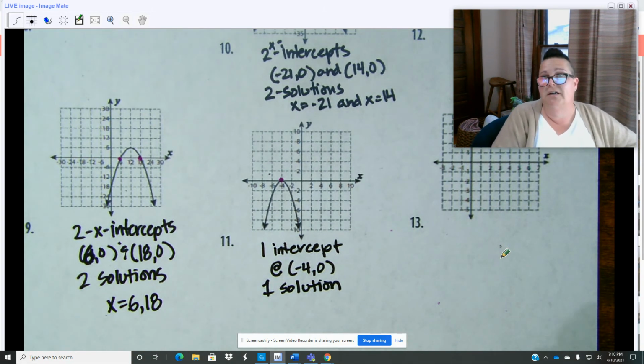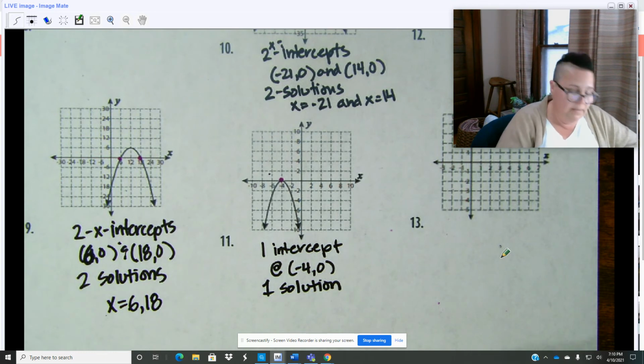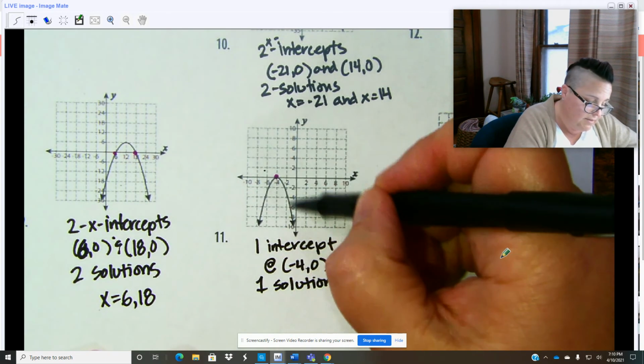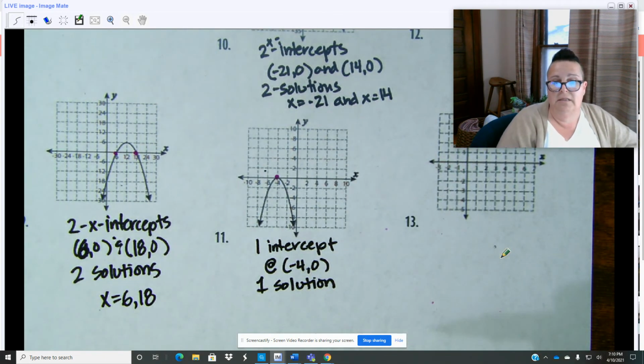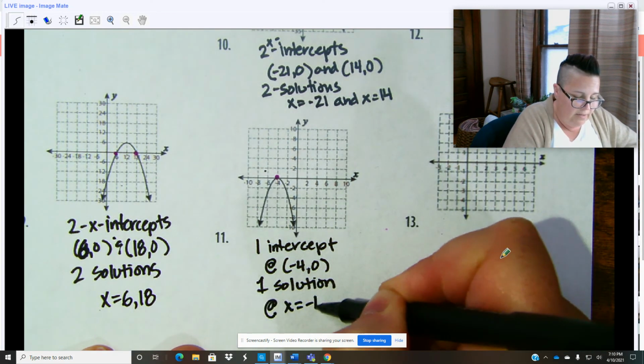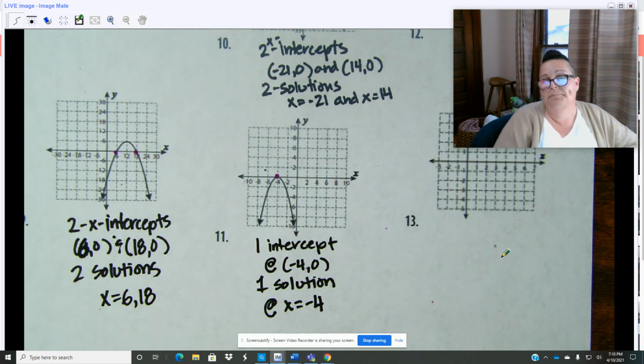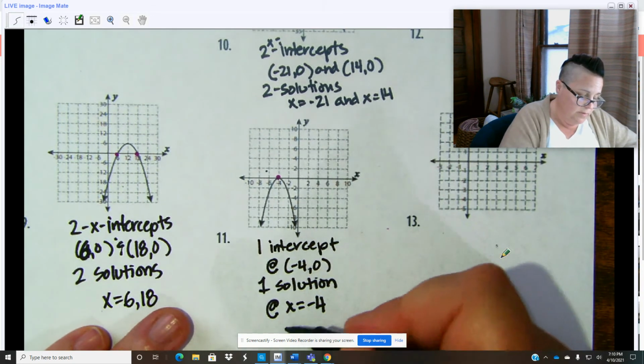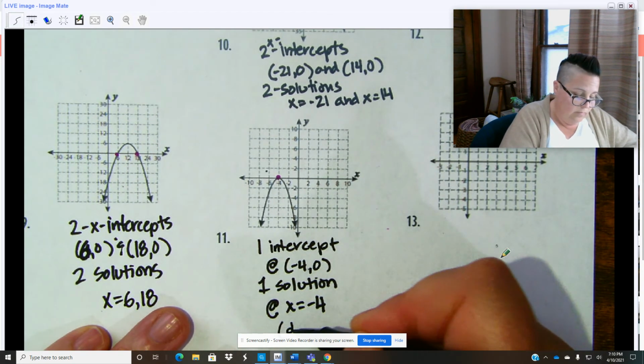It is known as a touch and go, because the graph just touches the x-axis and then moves along. This is one solution at x equal to -4. This is also known as a double root or a double solution.